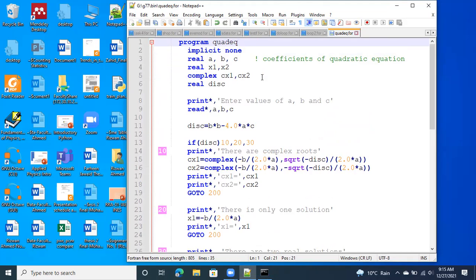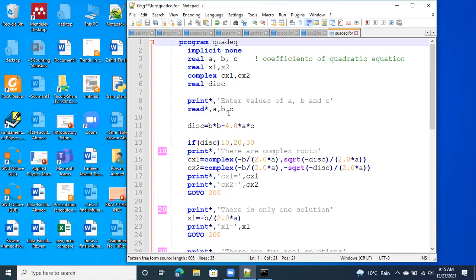So the solution would be minus c over b, and there is no need to go for that quadratic equation strategy. So you can add that to your algorithm. If A is equal to 0, then directly compute the solution and skip the rest of the part. So if A is 0, execute this part, else go for the solution of the quadratic equation.